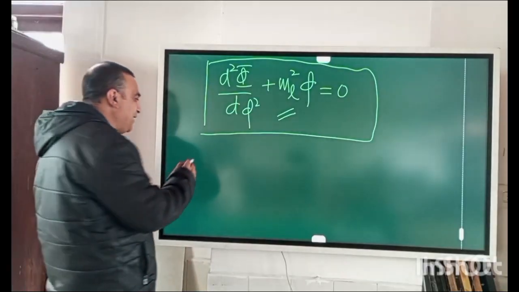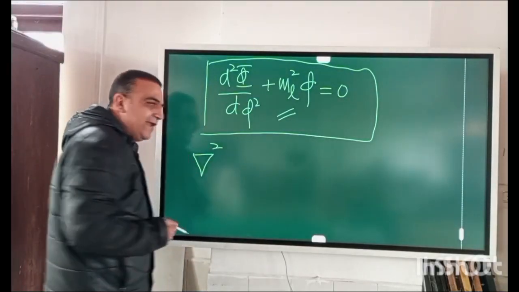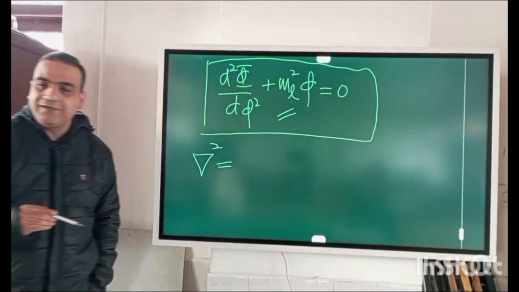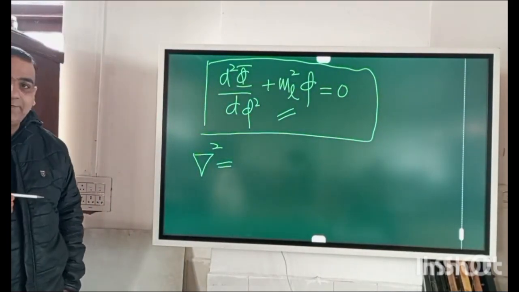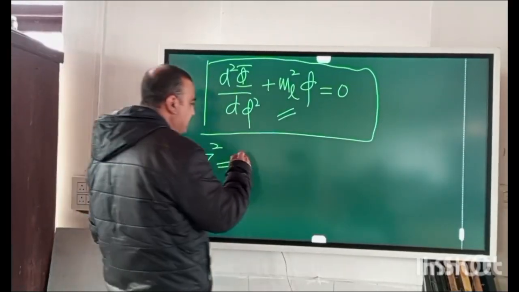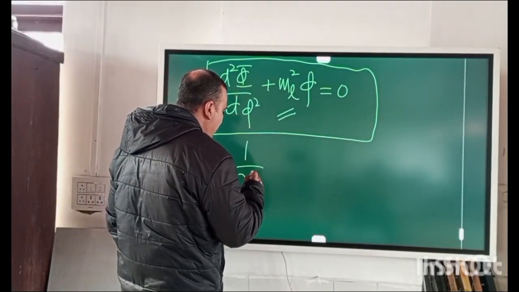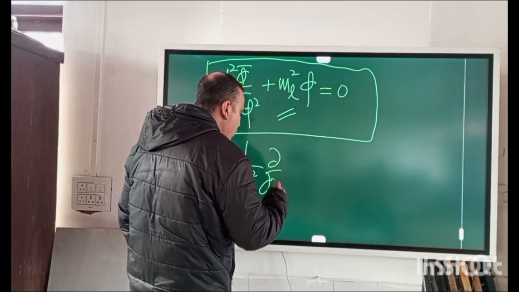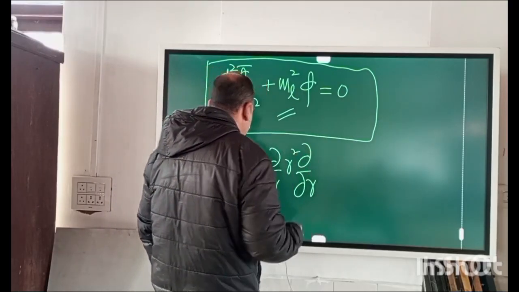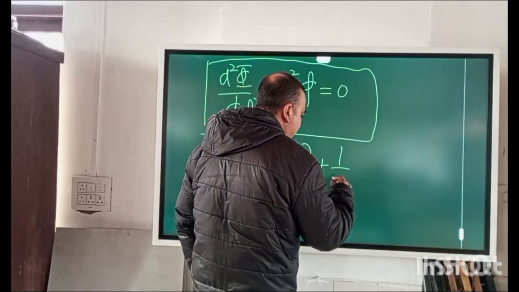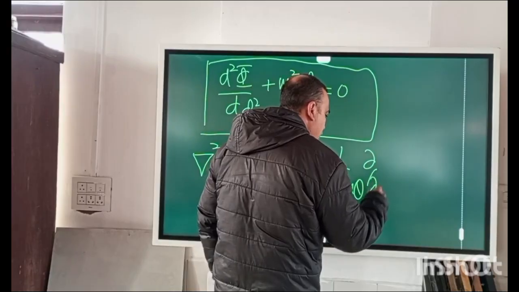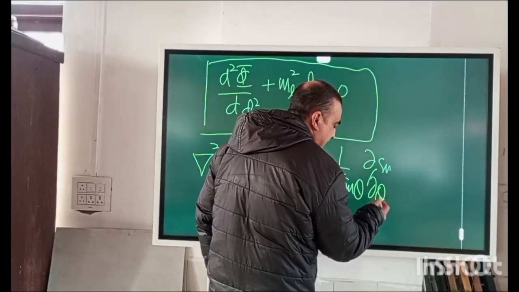I used the Laplacian operator del square in spherical polar coordinates. I would rather like to write it again, because some of the students were absent yesterday. So the Laplacian operator in the spherical polar coordinates: it was 1 by r squared, dou by dou r of r squared dou by dou r, plus 1 by r squared sine theta, dou by dou theta, and this theta is small theta.